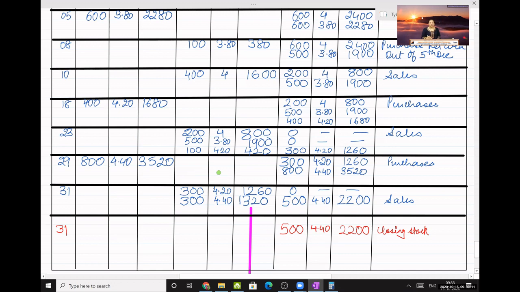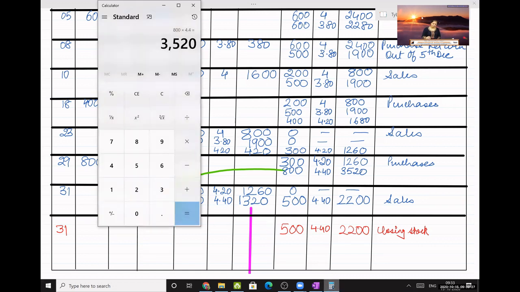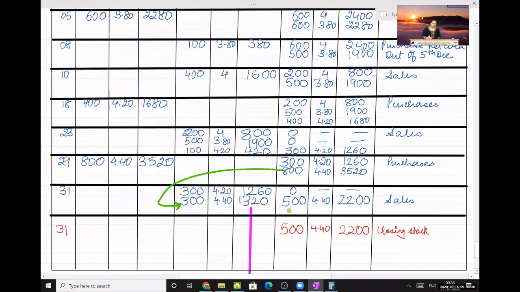How much do we have to sell? 600. Out of 600, you have already given 300 for sales. So the balance 300 you will take at this 4.4 value. 1320. 800 minus 300 is 500.